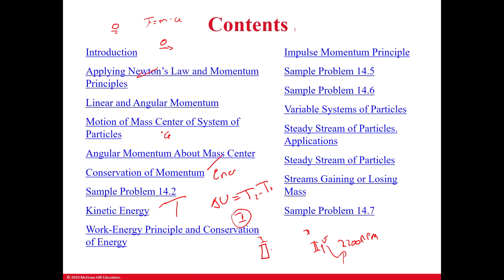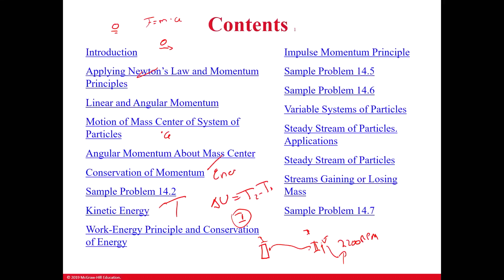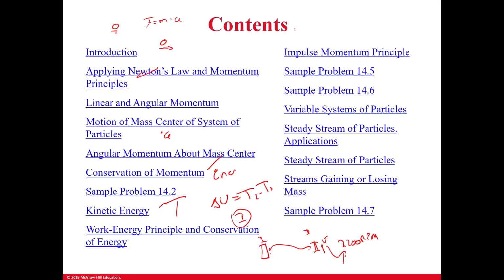And we don't care about the history, we don't care about any details of how the engine went from being at rest to being at the state at which we want to study. If we wanted to study that path, we would have to go back to kinematics.